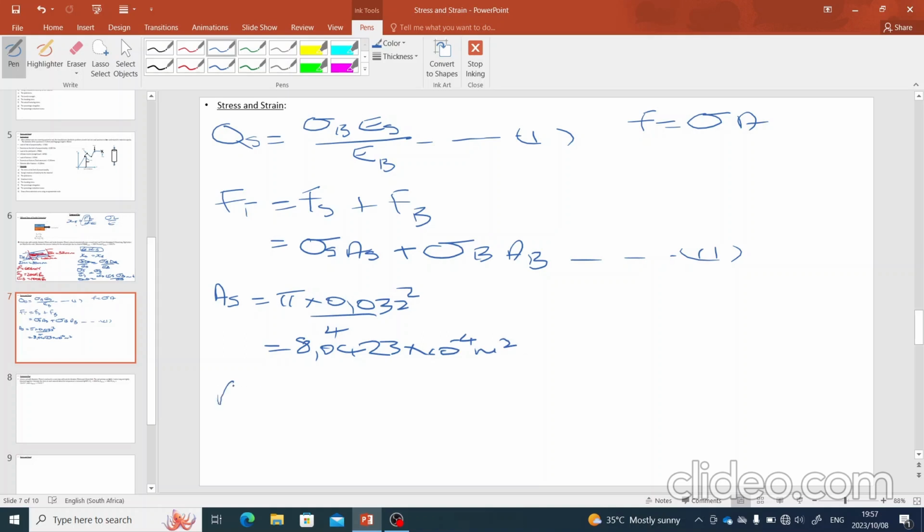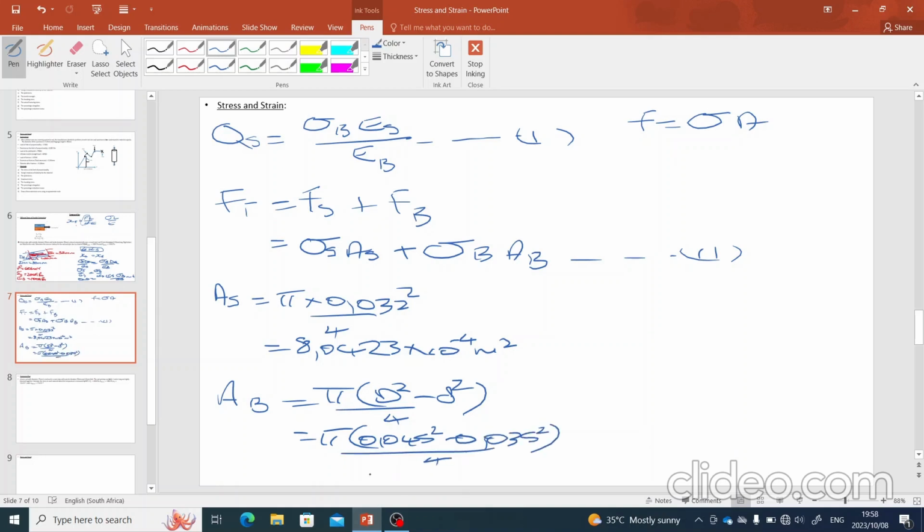Then in calculating the area of brass, since it's hollow, it will be pi open bracket big D squared minus small d squared close bracket divided by 4. Then it is pi, the big D is given as 0.045 squared minus the inner diameter, 0.035 squared, close bracket, divided by 4.